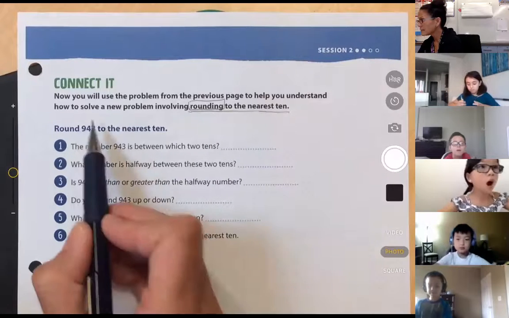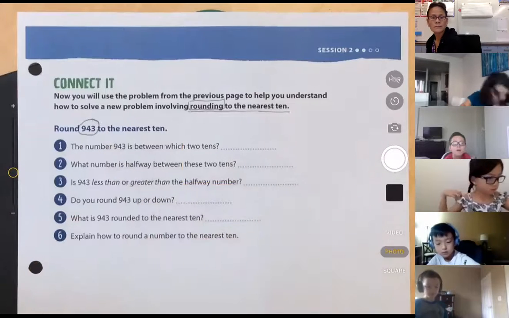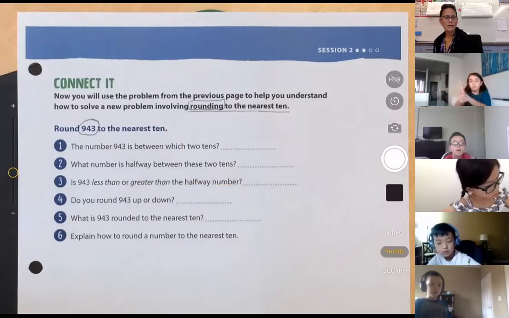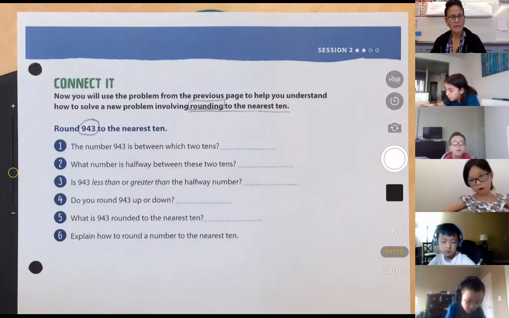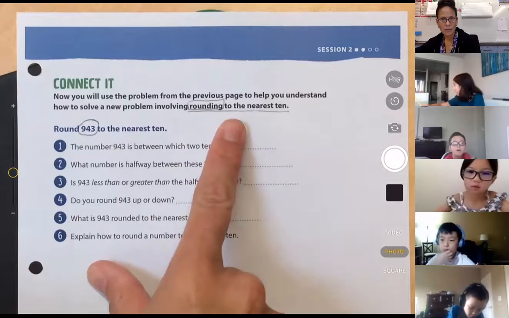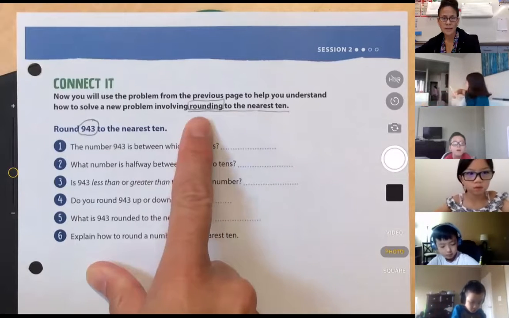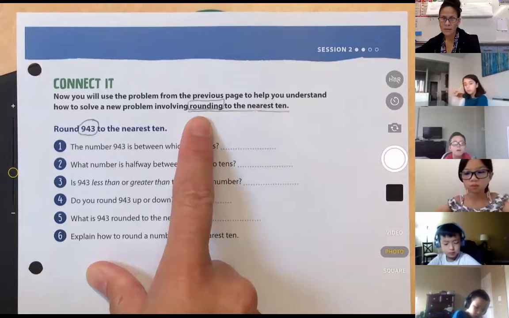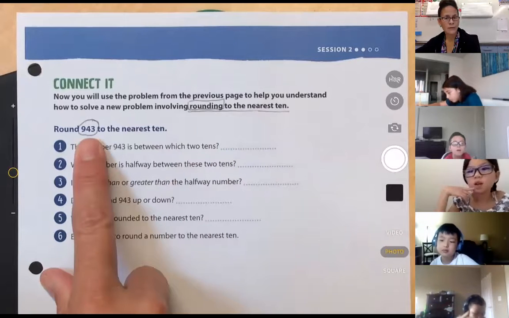And this is the number that I'm working with. The other information might give me some context, but these are the important pieces. The question's asking me to round to the nearest 10. Key word is rounding. That's what I'm doing here. That's what the question is asking me. 943 is the number I'm working with.